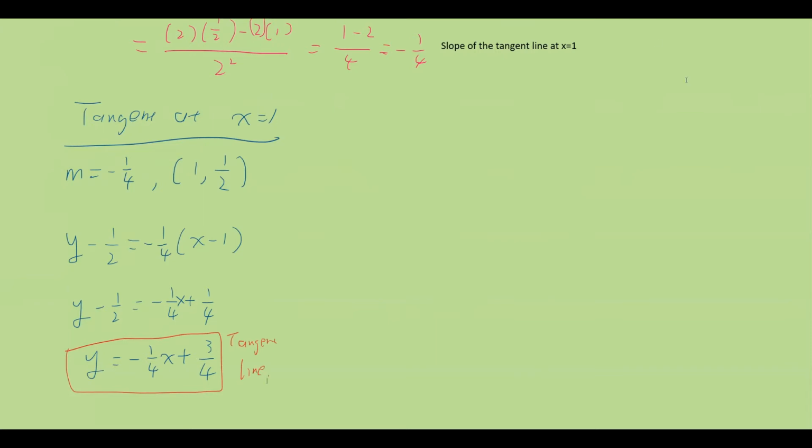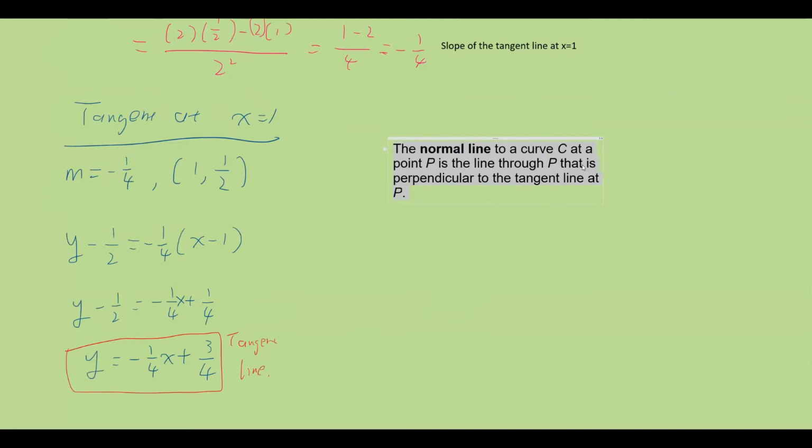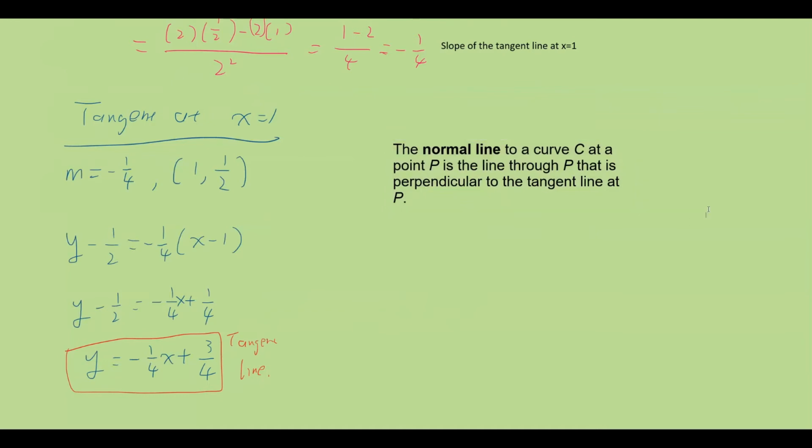And next, the question also asks us to find the normal line. And what's the normal line? The normal line to our curve C at point P is the line through P that is perpendicular to the tangent line. So we know that the tangent line is this.